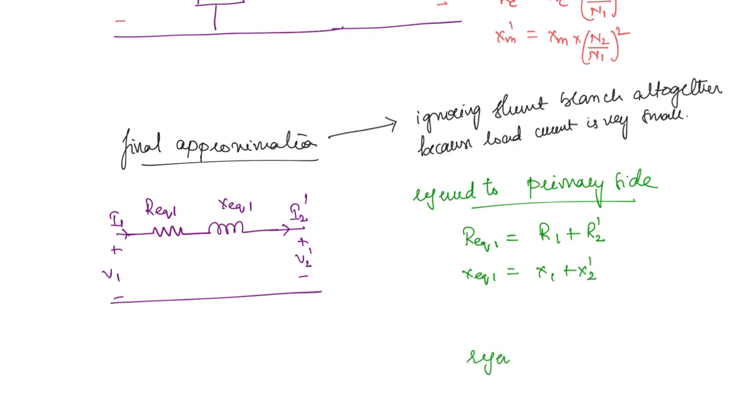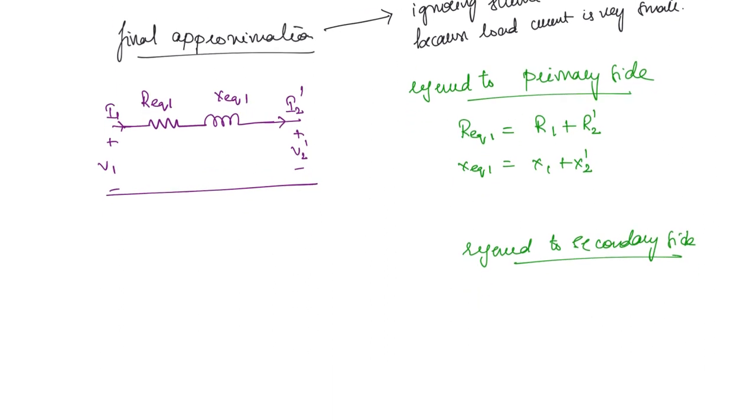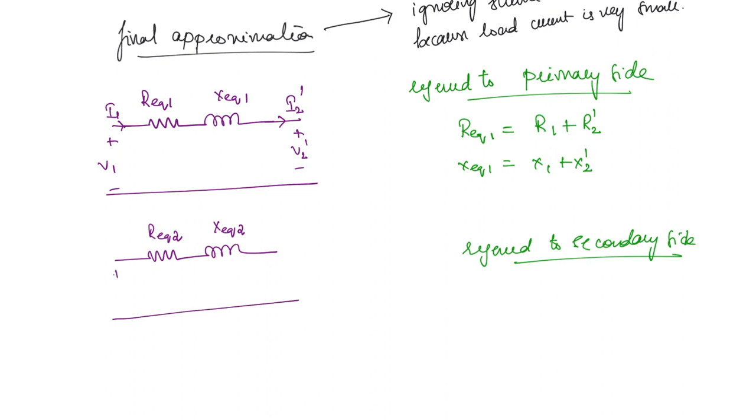Similarly, you can draw the circuit referred to the secondary side. Then what you are going to get? The structure is going to be once again similar, only the values will change. This is R equivalent 2, this is X equivalent 2. And this is going to be V1 dash, this is I1 dash, and this is I2, this is V2.